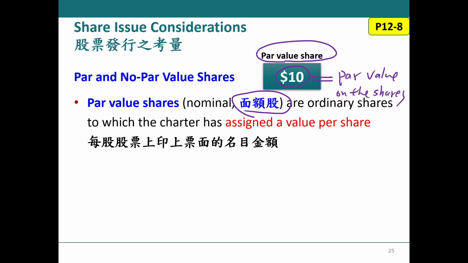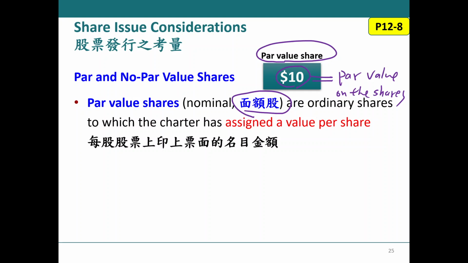In Taiwan, right now we don't require the company to put the par value. We changed the regulation, the rules. But so far, companies still put $10 on the share.